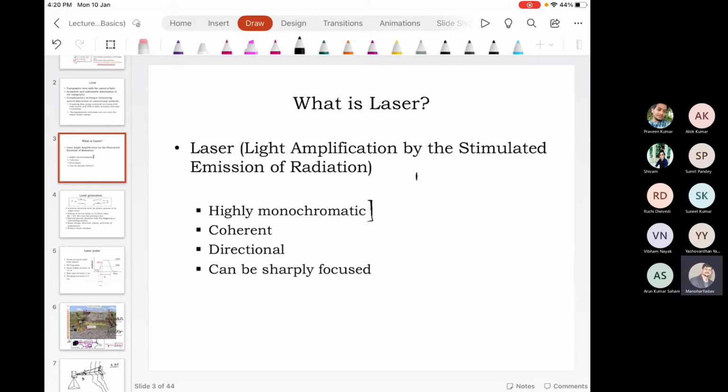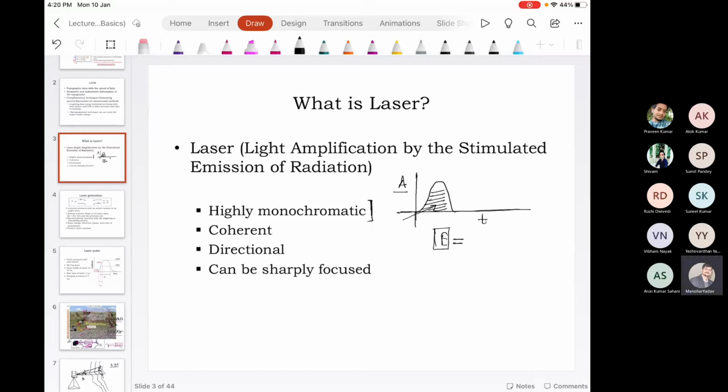Highly monochromatic means, this is the laser pulse, time t, this is amplitude. So this laser pulse is a combination of multiple photons. Obviously, when multiple photons are combined together, this shape is generated and you are able to calculate energy within the shape. So energy is the composition of many photons which are comprising this shape.